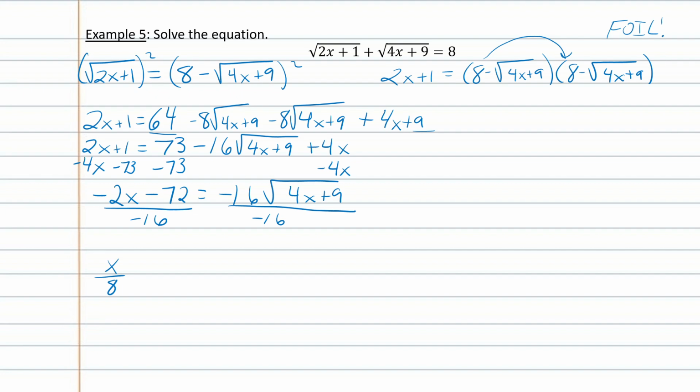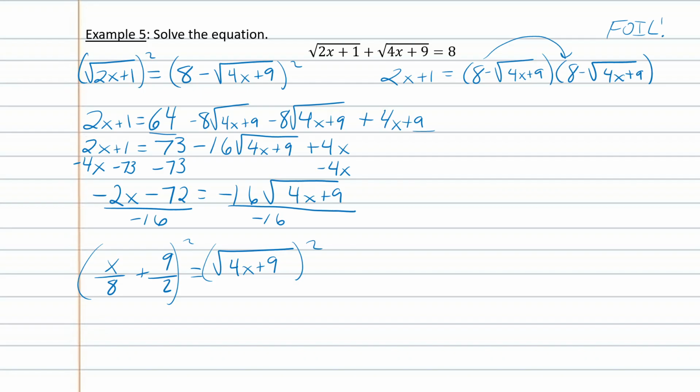Yeah, so I think it simplifies down to 9 halves. Positive 9 halves equals the square root of 4x plus 9. Okay. Now, I'm going to square both sides. And I'm going to square this side.